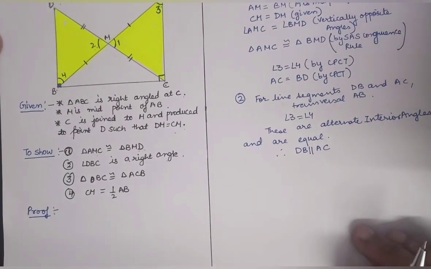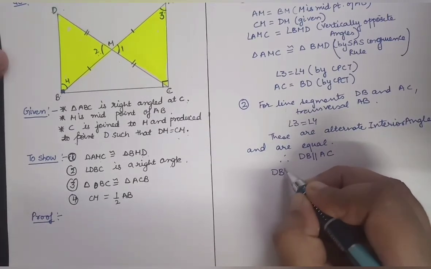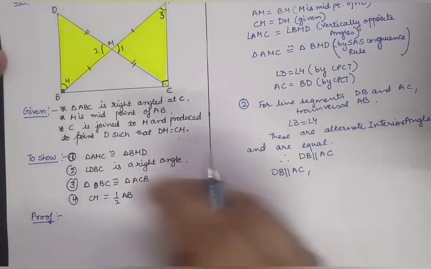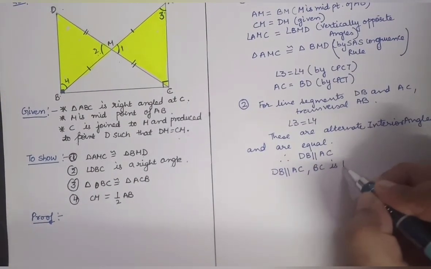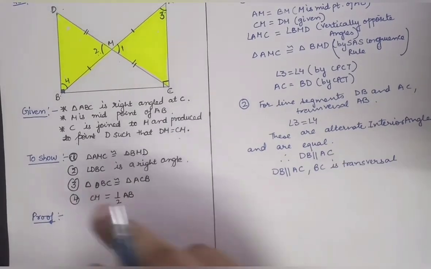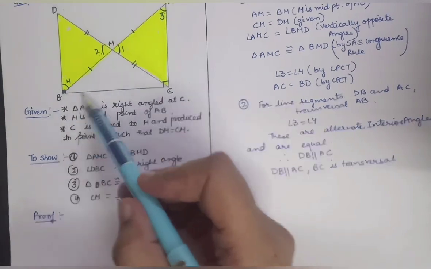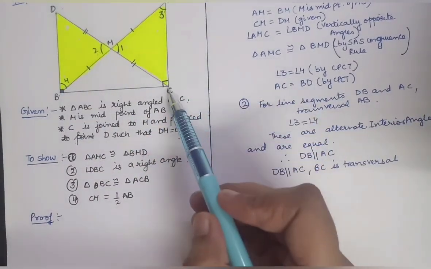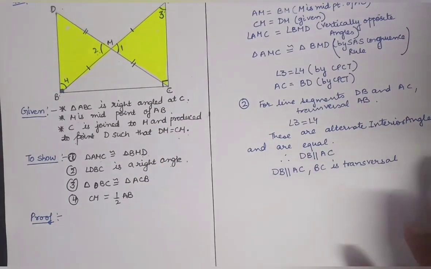Now children, since DB is parallel to AC, we can take BC as the transversal. This I am taking because I want angle DBC as a right angle. So when I see angle DBC and angle ACB, I find these two angles are nothing but co-interior angles.